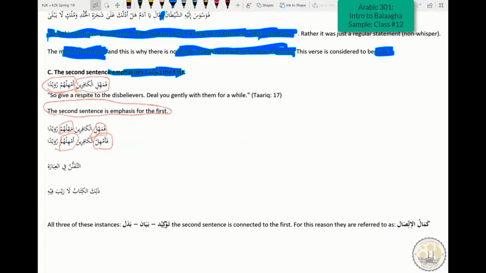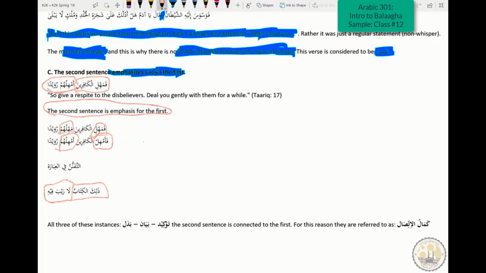طيب. Another example. ذلك الكتاب لا ريب فيه. ذلك الكتاب, one sentence. لا ريب فيه, second sentence. Okay? One interpretation is that لا ريب فيه is emphasizing that being al-kitab, being the Quran.